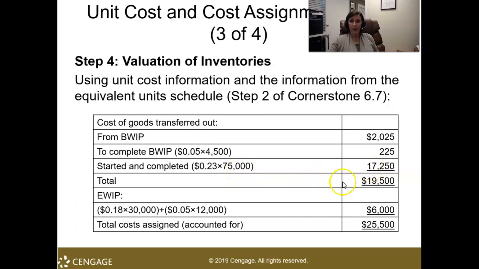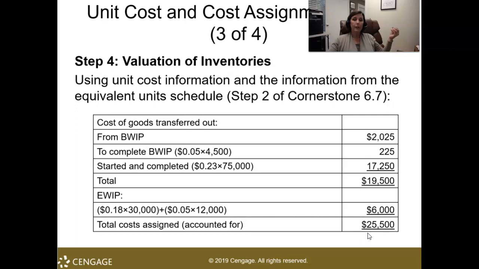And so this gets us, for the cost of goods transferred out, 19,500. Then we look at our ending work in process inventory, and we have the 5 cents and the 18 cents respectively on those two, and that gets us to 6,000. This brings us to 25,500.